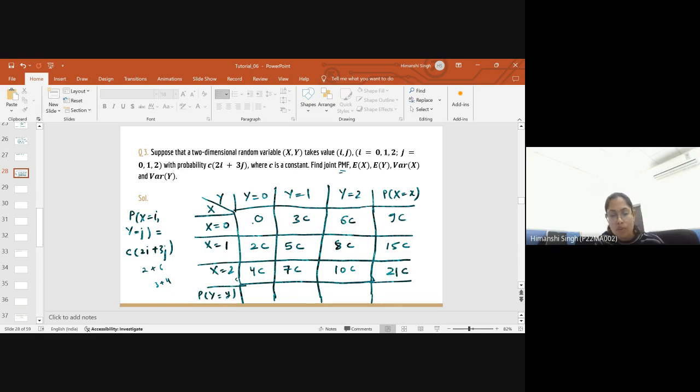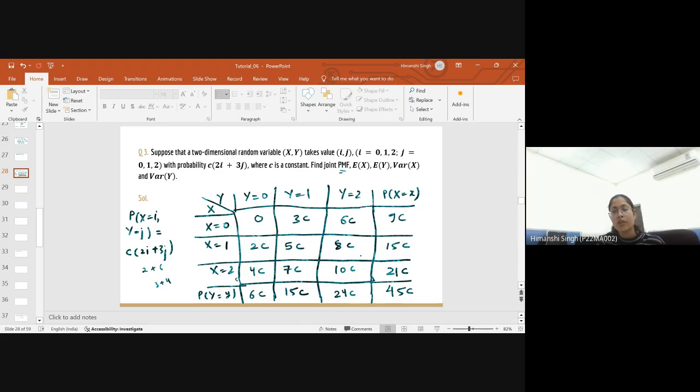Now if I calculate the probability Y equals 0, it will be 6c. It will be 15c again, and this will be 24c. So we know that the total probability should be 1. If I add these, it will be 45c.